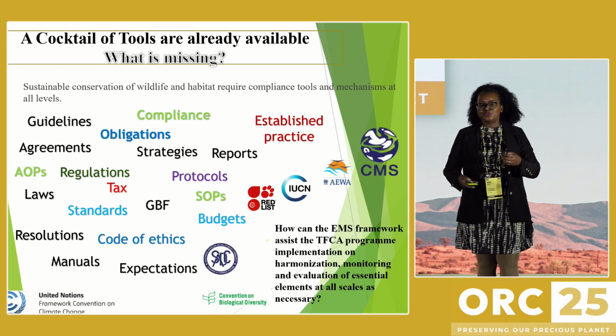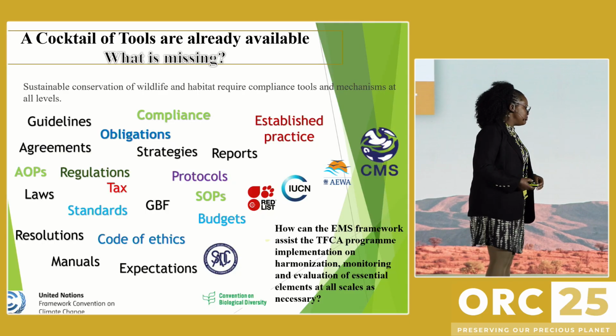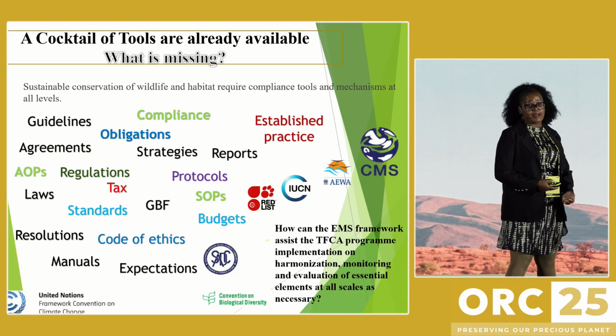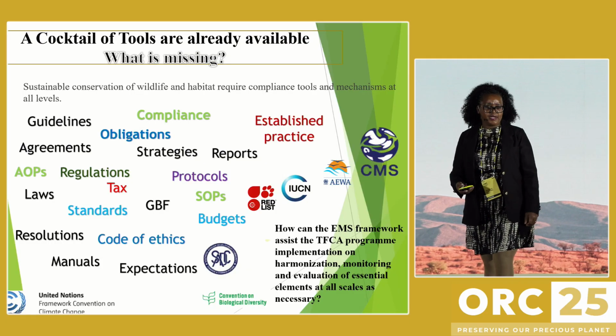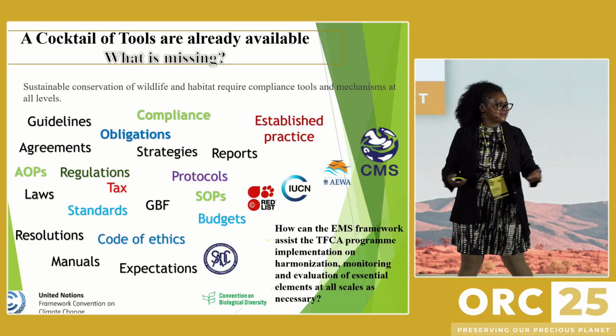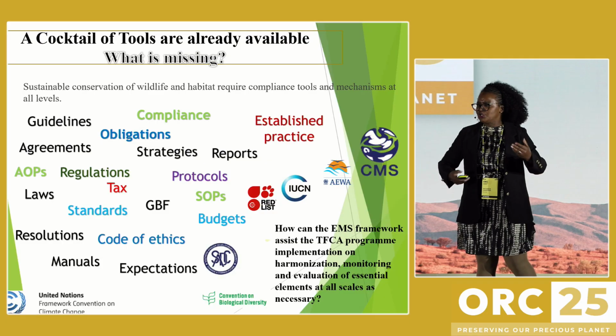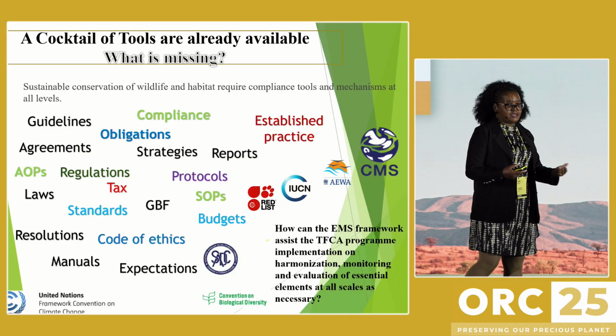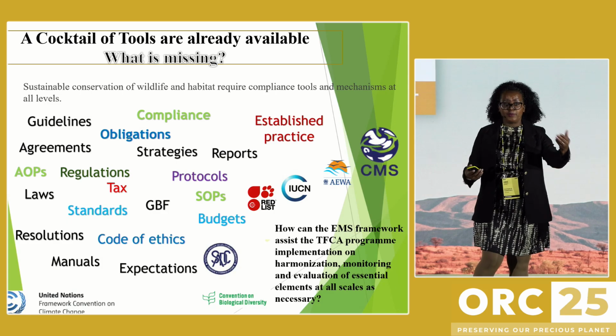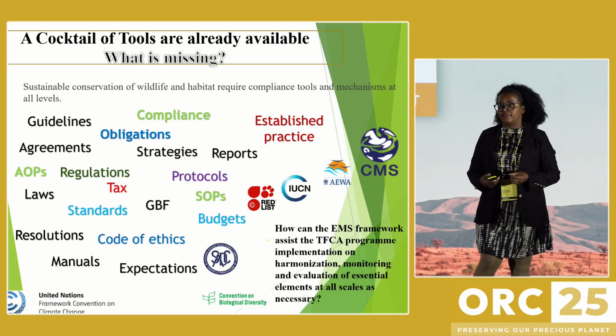So what should we be thinking? What is missing, really? 25 years down the line, we've got a cocktail of instruments and tools that are already available. Is there anything that we need more? Can we be continuously looking for new tools and solutions? How better can we scale up and achieve much more in this landscape?